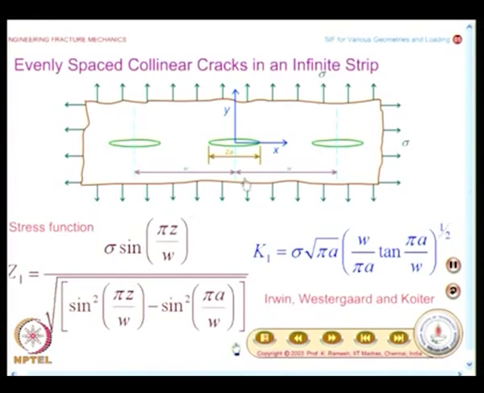And what is W? W is the spacing between the cracks. I have this given as W, and the length of the crack is 2a, and I have the origin fixed at the crack center, and you have cracks extending in this direction as well as in this direction. The expression for K is credited to Irwin, Westergaard and Coit, because for any problem the stress function takes a predominance.